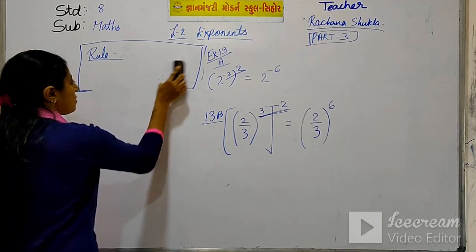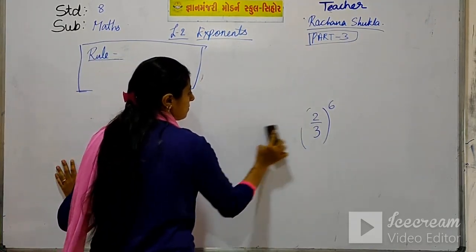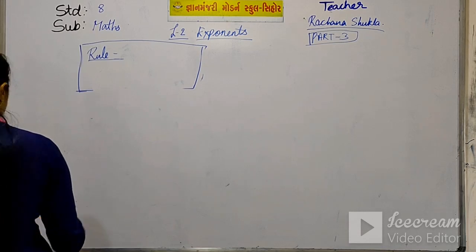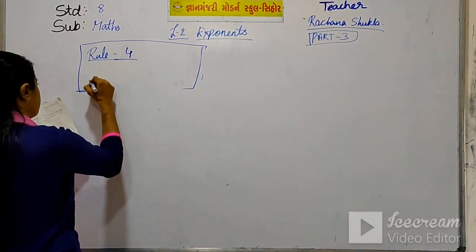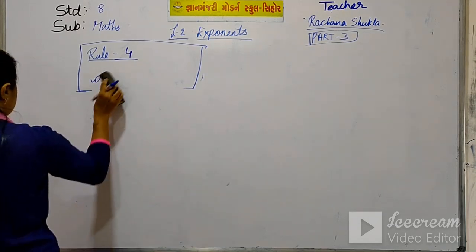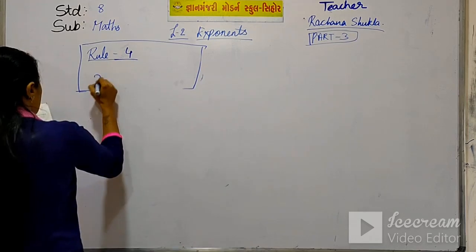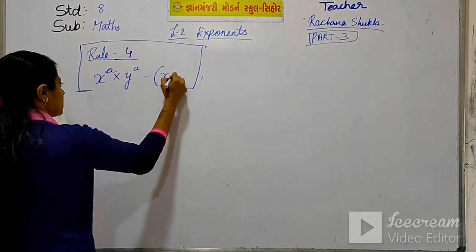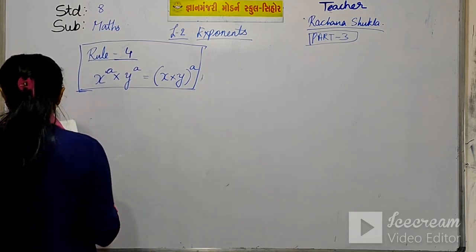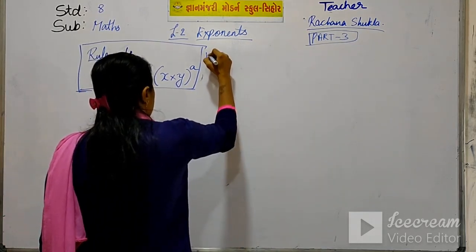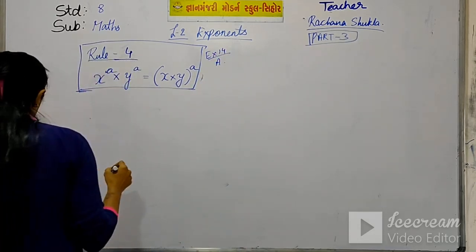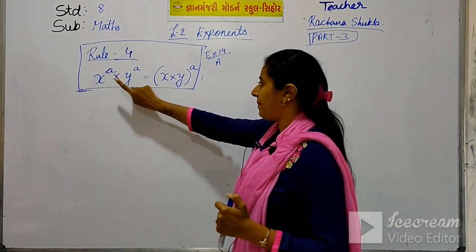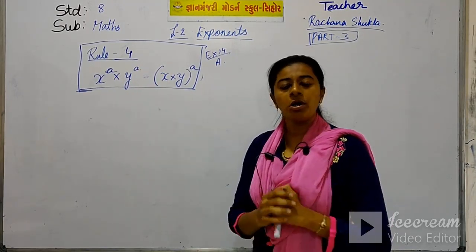Now rule number 4. X to the power A multiplied by y to the power A. Now in this rule what can you see common?